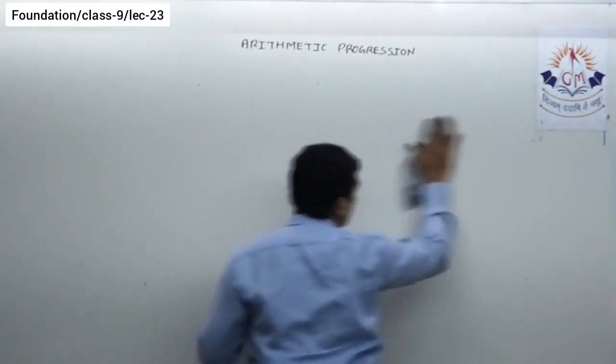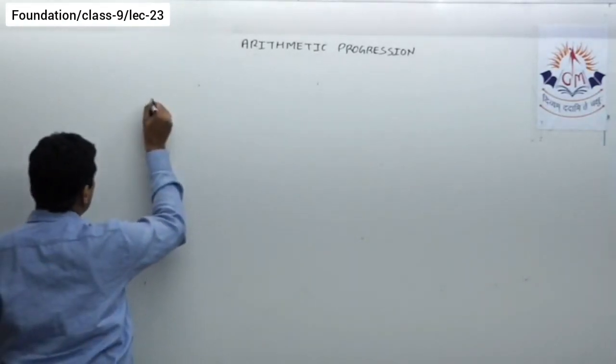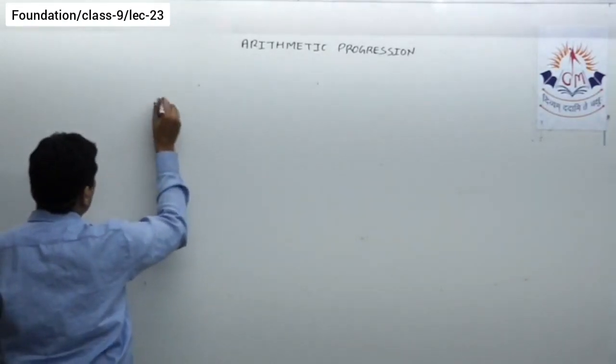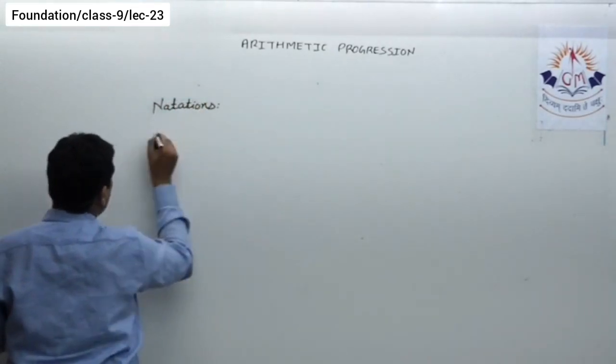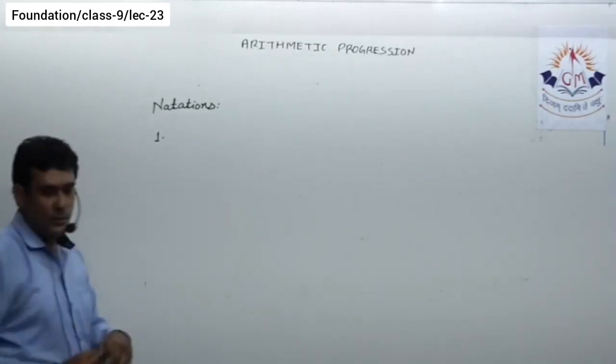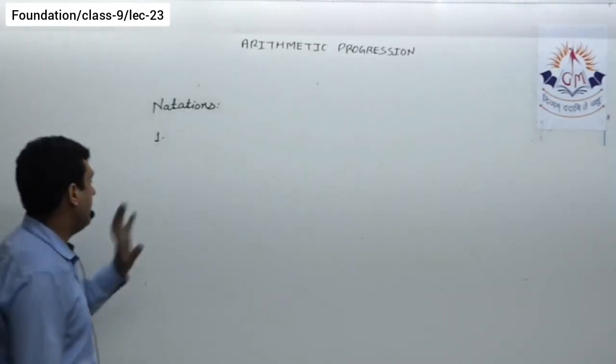Now we'll see some notations that we need throughout this chapter. Very first, as I told you, arithmetic progression is written as AP.